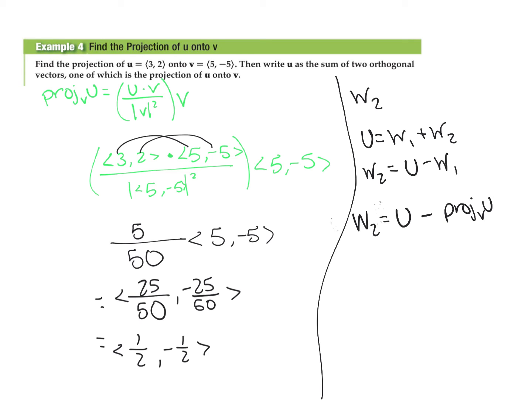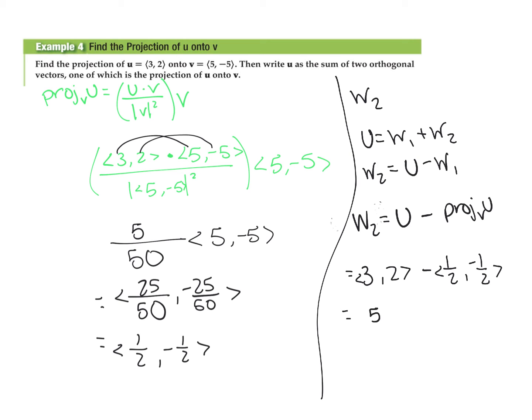So how do we write that? That's (3, 2), the vector, minus (1/2, -1/2), the vector. Don't overthink it. This is one of your properties where you're literally subtracting. 3 minus 1/2 is 2.5.